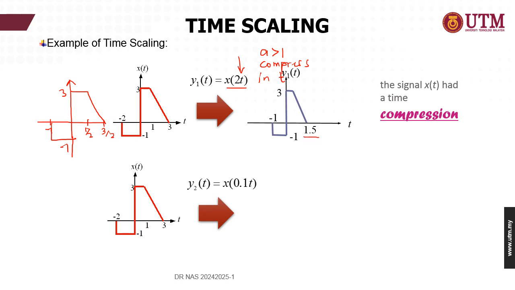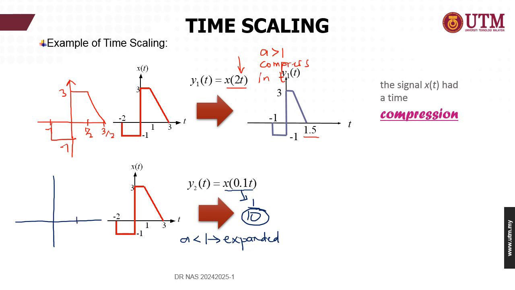Let's look at the second example, x(0.1t). You know that in this case A is less than 1, so the signal will be expanded in the time domain, in t. Let's draw t. 0.1 is equal to 1/10, so the signal will be expanded by 10 times.